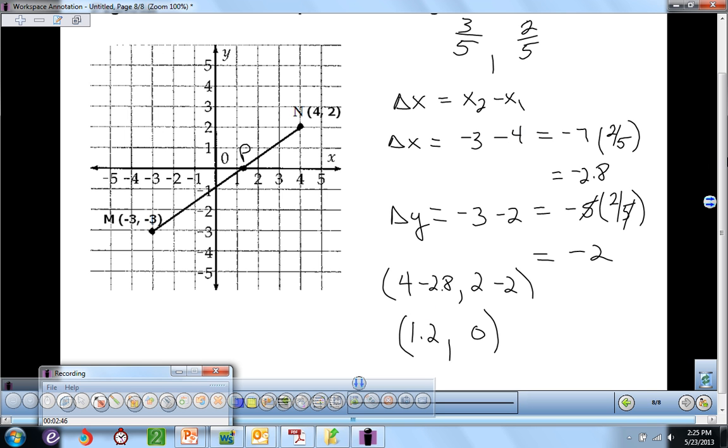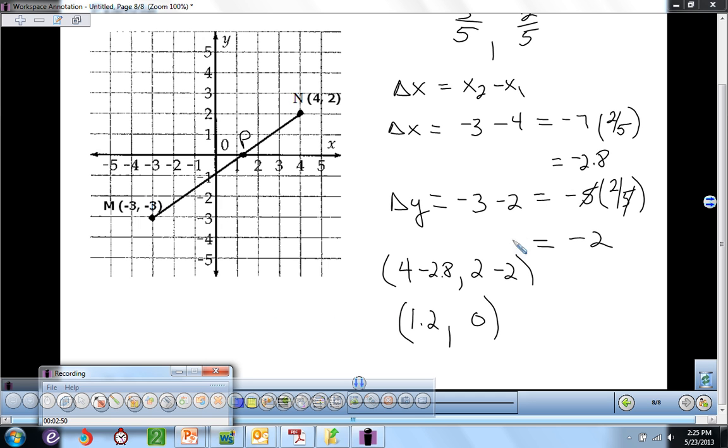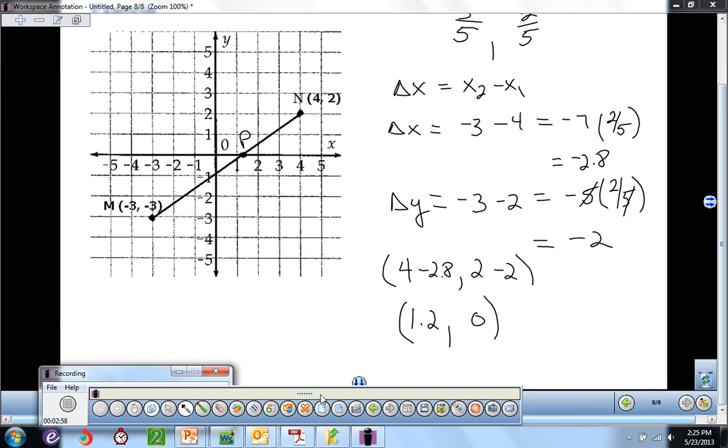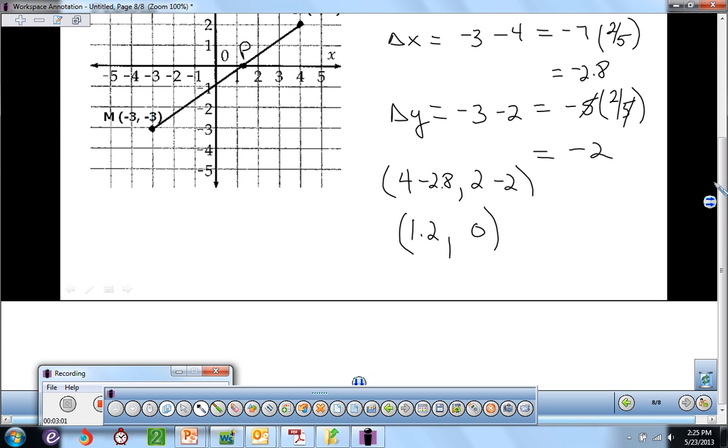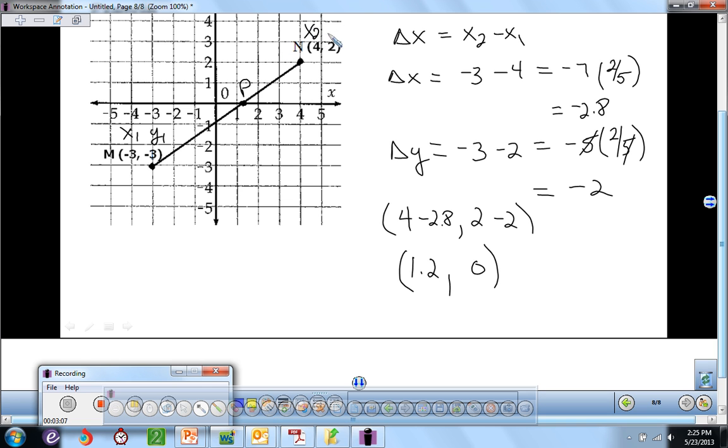Now again, we could use the other one, and just so that you've seen it, I'll go ahead and do it. Our changes will end up just changing signs, but let's go through the process. So now we're going to start with M. We'll call that x1, y1, x2, y2. Let's look at our change in x. It's going to be 4 minus -3, which gives us +7.